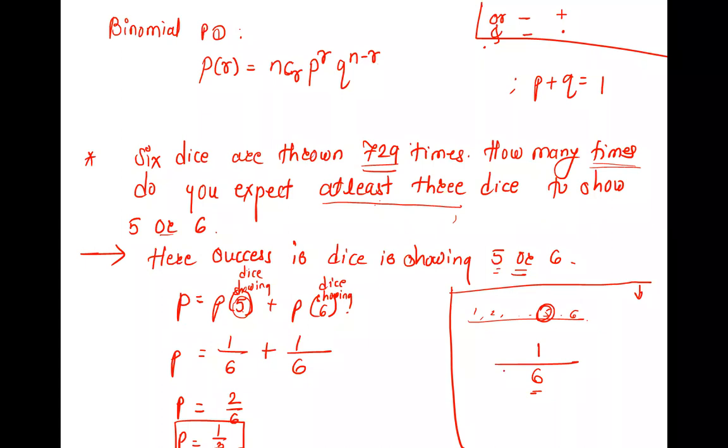Die is showing up 5 or 6. Such 6 dice you have to throw. 729 is for frequency. Whenever the question is related to frequency, 6 dice you have to throw 729 times. So we first concentrate on the smaller experiment, and then we'll think about the larger one.